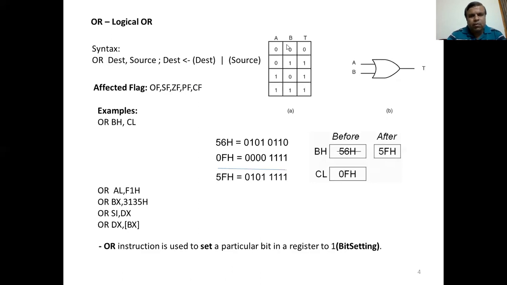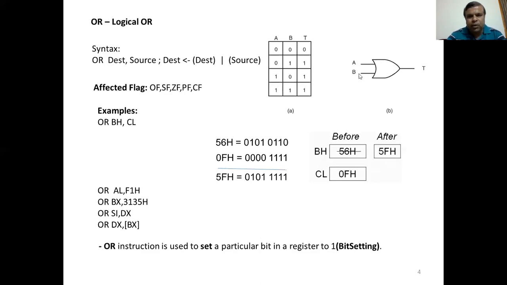If you observe the truth table and the OR gate here, the result of each bit forms the truth table of a 2-input OR gate.